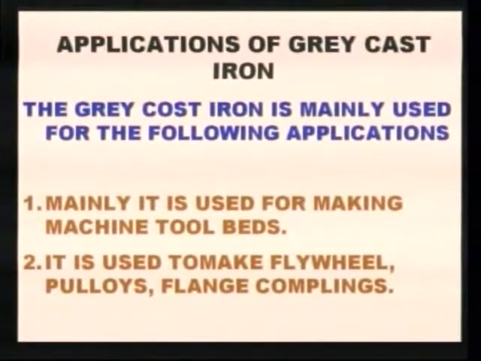Now we will see what are the applications of grey cast iron. The grey cast iron is mainly used for the following applications. It is mainly used for making machine tool beds. It is used to make flywheels, pulleys, flange couplings.